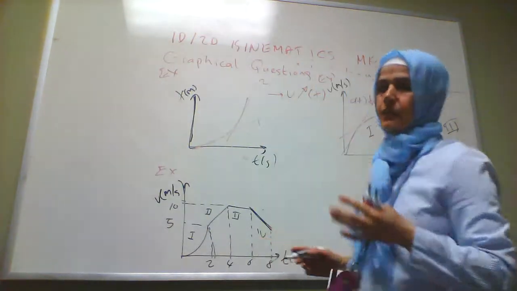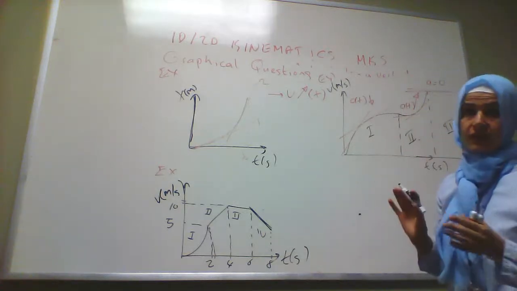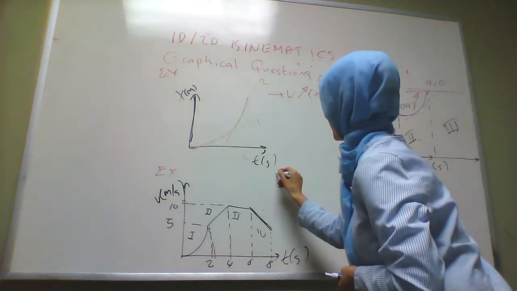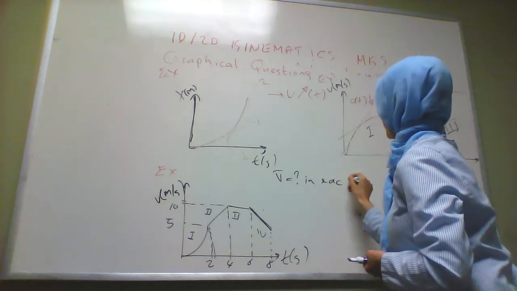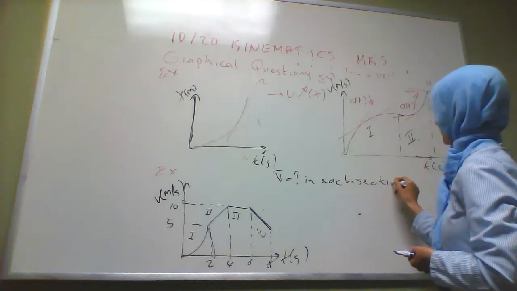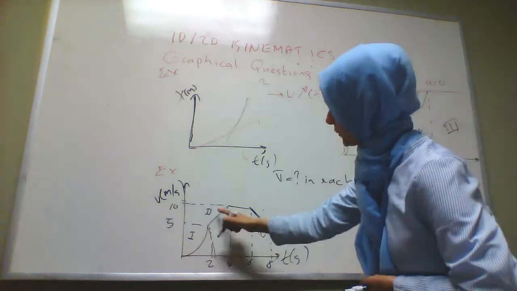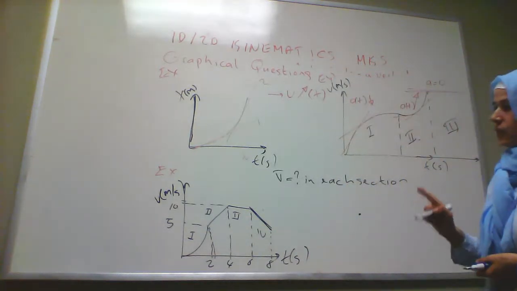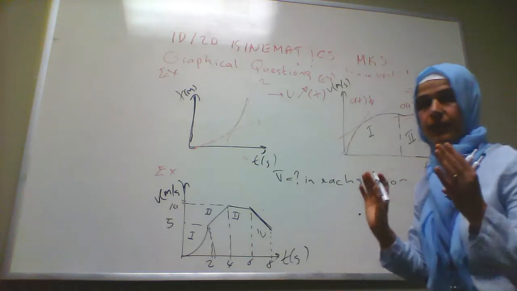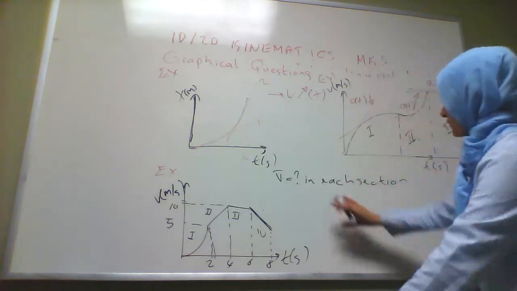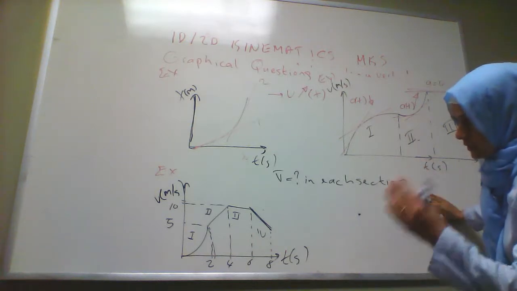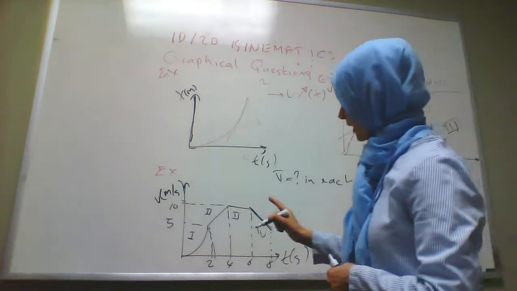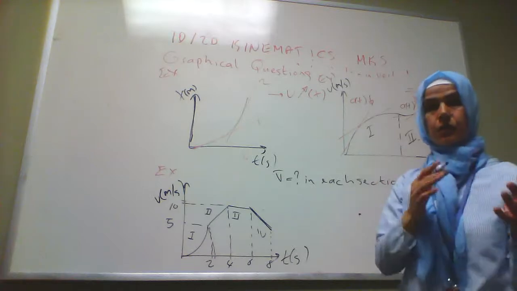And I'm asking you to find the average velocities in each section as values. So what is the average in each section? Let's call them V1, 2, 3, and 4. First of all, let's talk about whether they are positive or negative. I might be asking you the directions as well, or might not, depending on the question, so read the question as well. And I might also ask if they are decreasing, increasing, or constant.